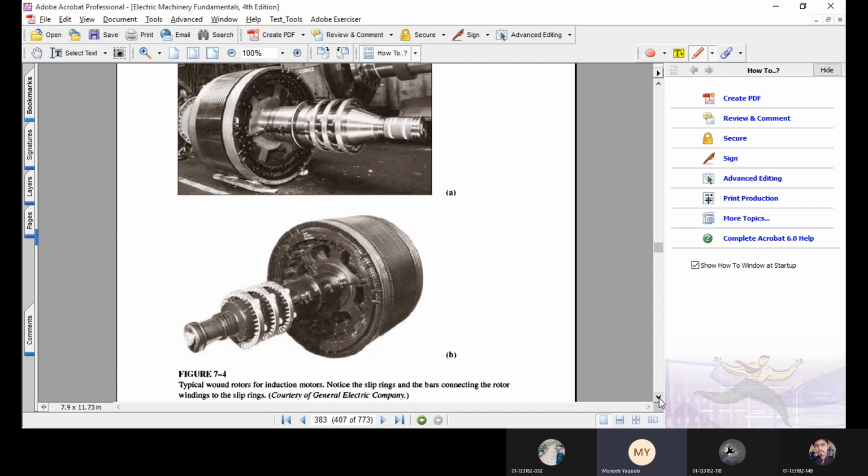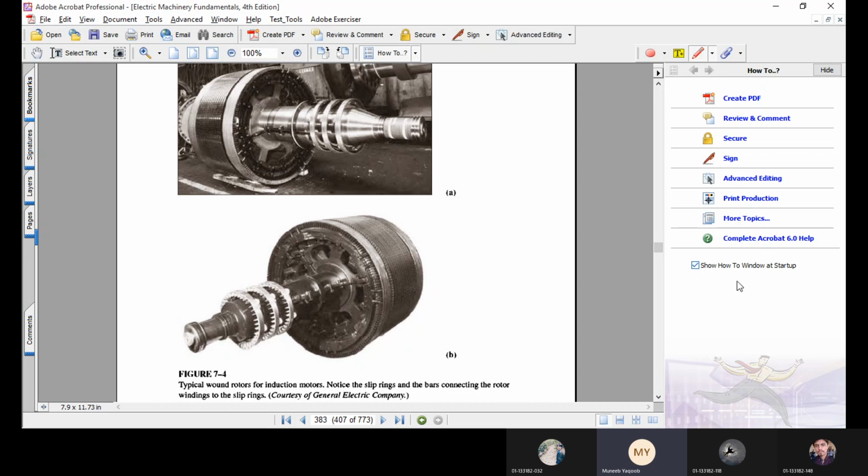So the stator is the same as the stator of the squirrel cage induction motor, but in the rotor circuit, the wound rotor induction motor has another dedicated three-phase winding. So in wound rotor induction motors, we have two three-phase windings: one installed at the stator, and the other installed at the rotor.